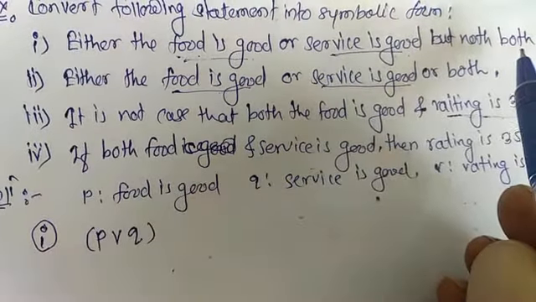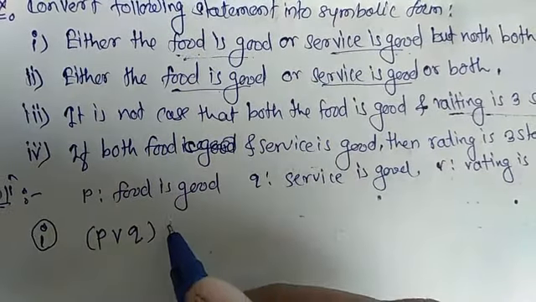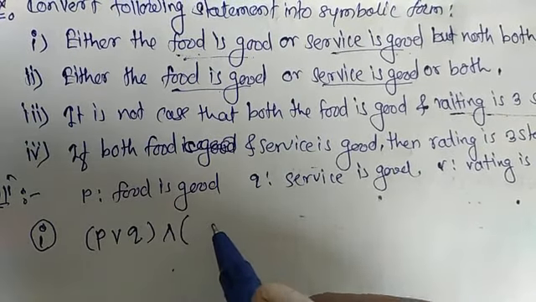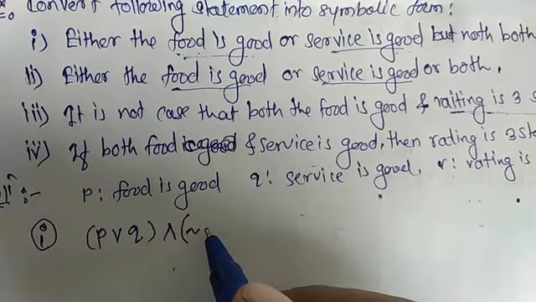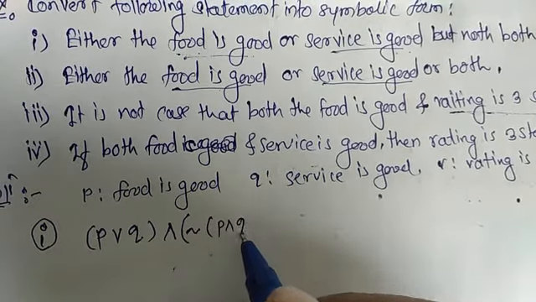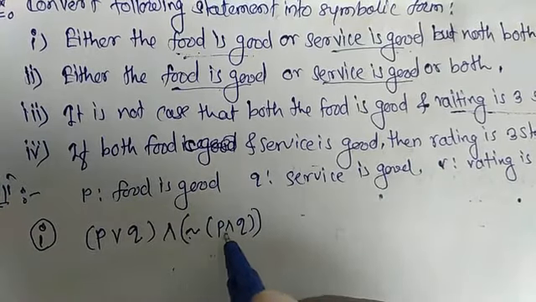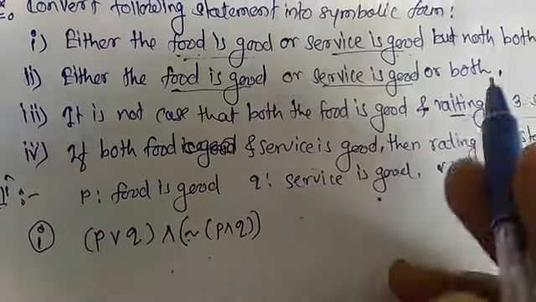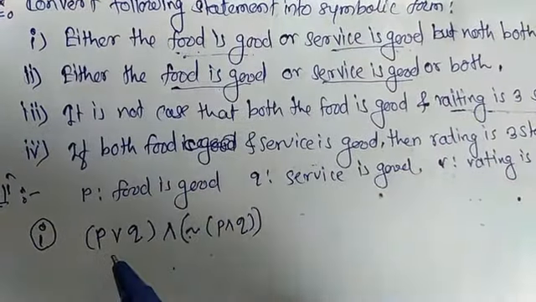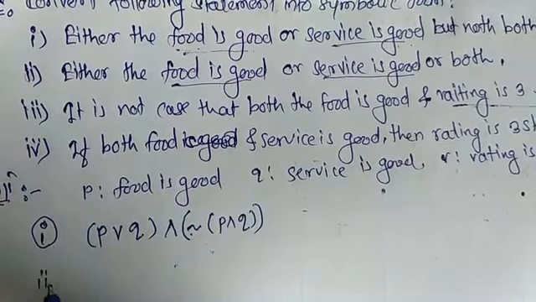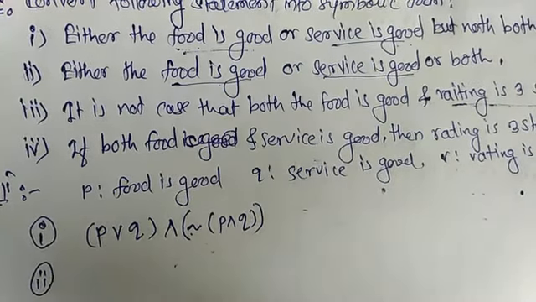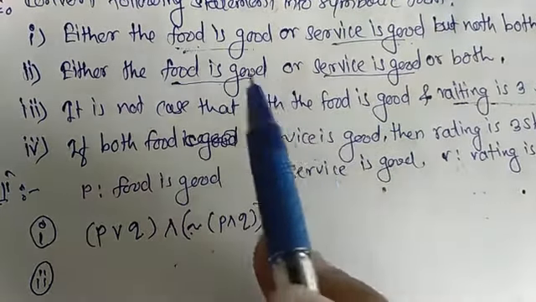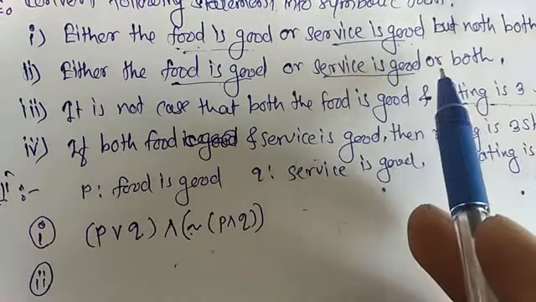But not both, which means here it is and, and negation of P and Q. Negation, which means but not both, P and Q, for both and its negation. So this is our first statement in symbolic form.